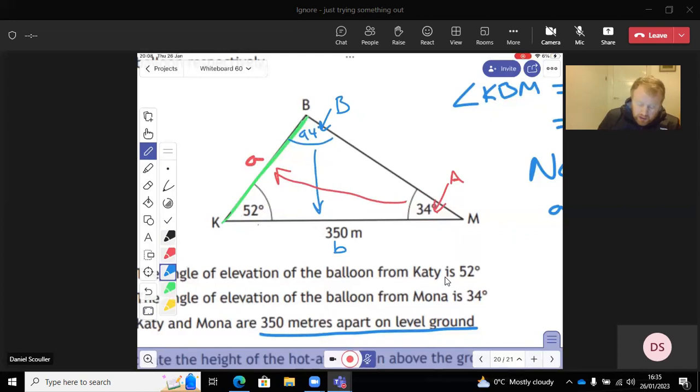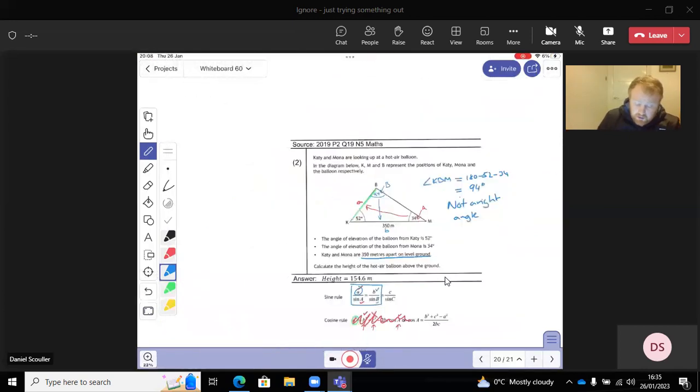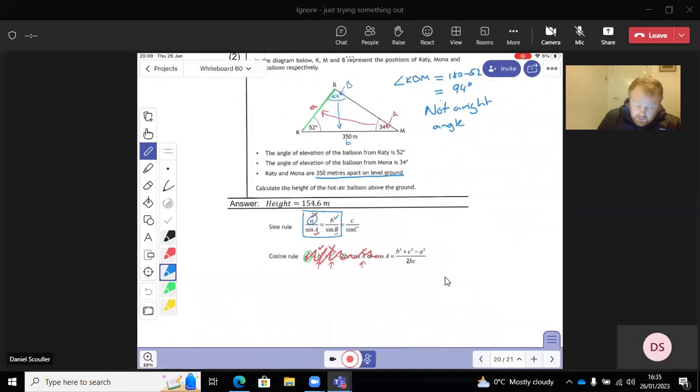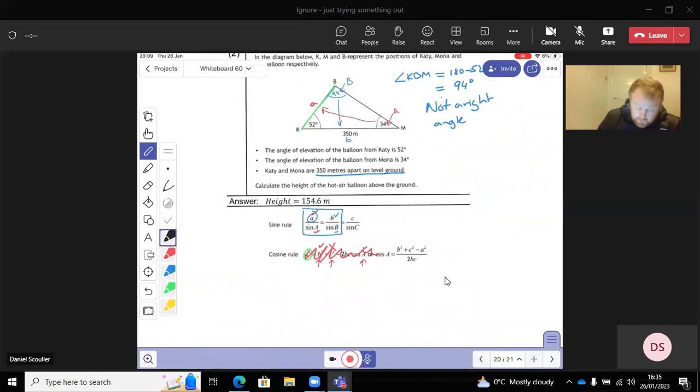This is just the first part of it, to find our missing side. I'm going to substitute those numbers in. So A over sine A equals B over sine B.